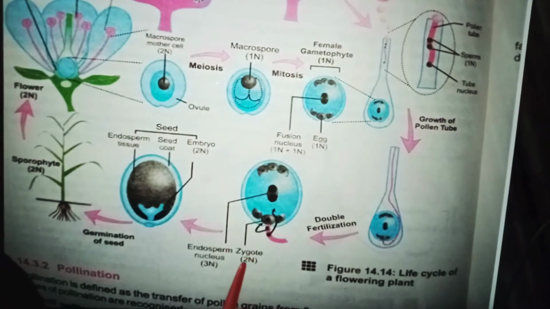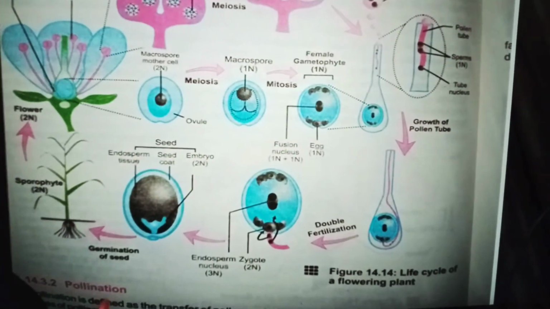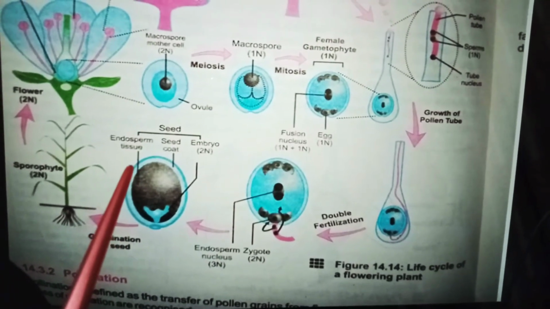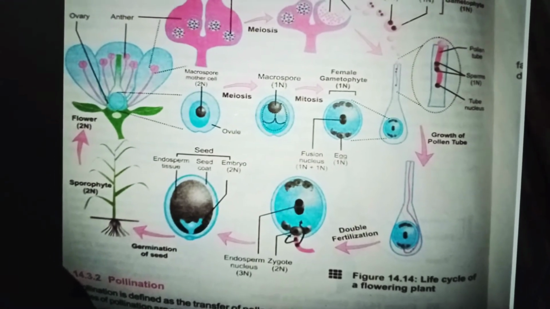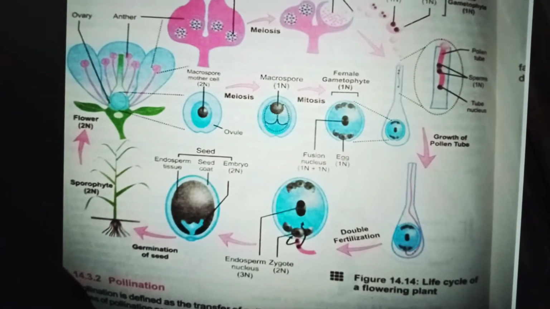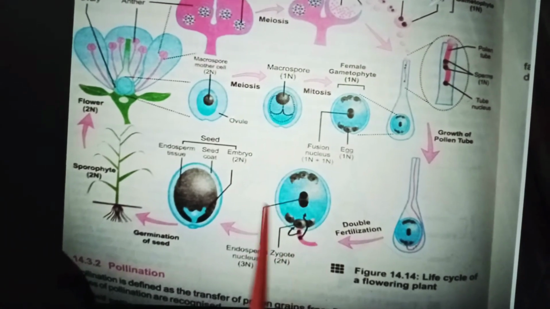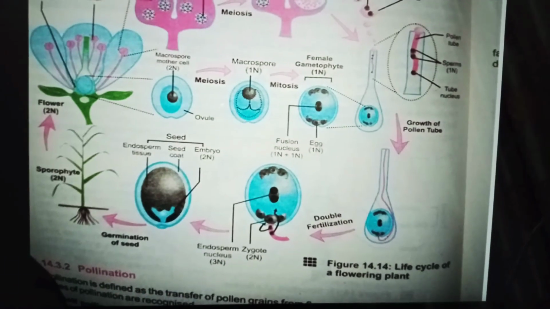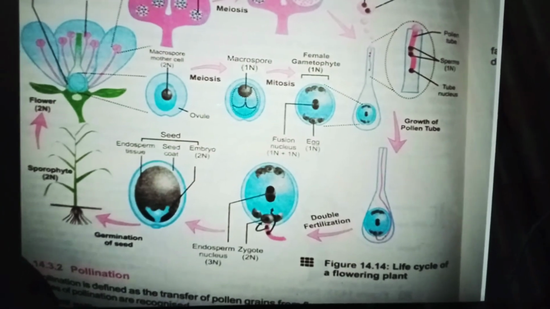This zygote will develop into embryo, and endosperm nucleus will develop into endosperm tissue, which is the food for growing embryo. This ovule then becomes a seed, and ovary changes into the fruit.